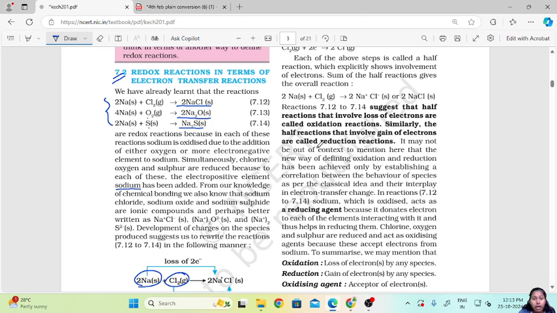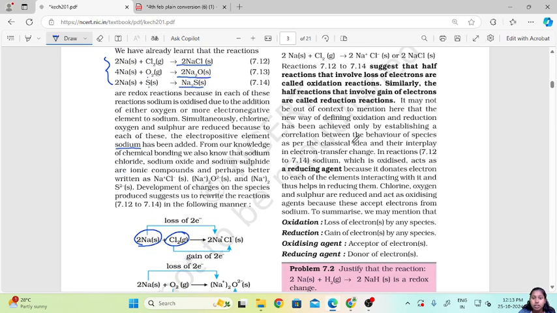It may not be out of context to mention here that the new way of defining oxidation and reduction has been achieved only by establishing a correlation between the behavior of species as per the classical idea and an interplay in electron transfer, or charge change.